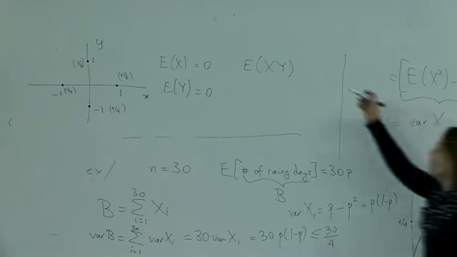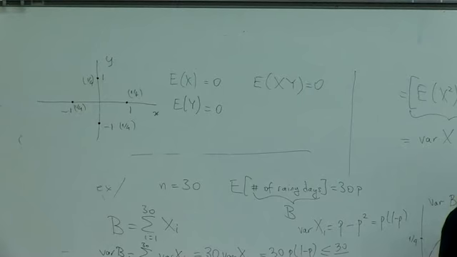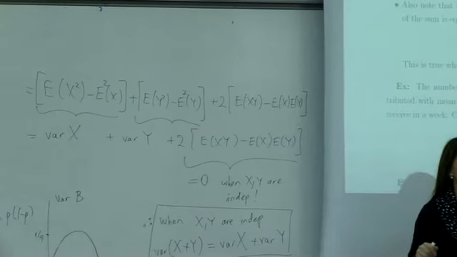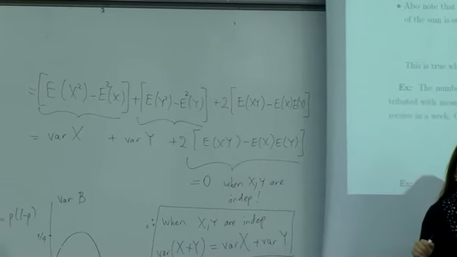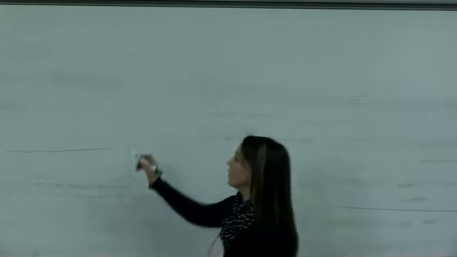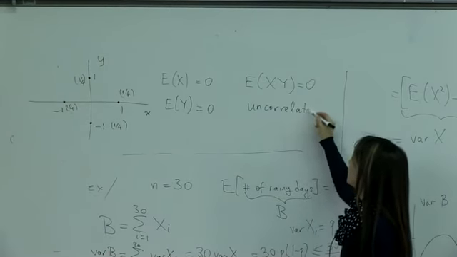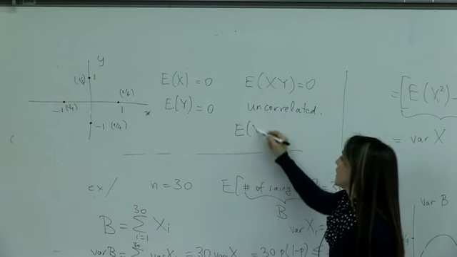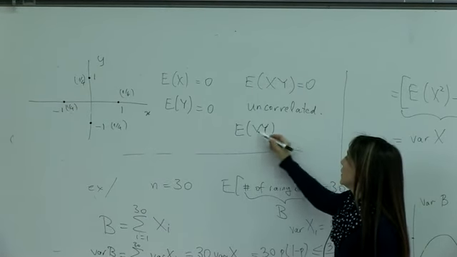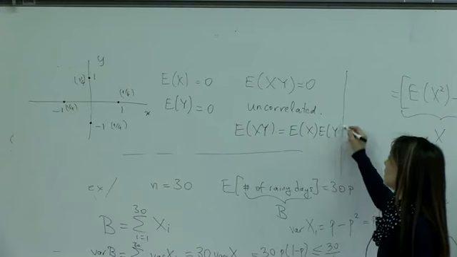So the expected value of XY is again 0. So this is satisfied. Expected value of XY is equal to the expected value of X times the expected value of Y. The two random variables are uncorrelated.